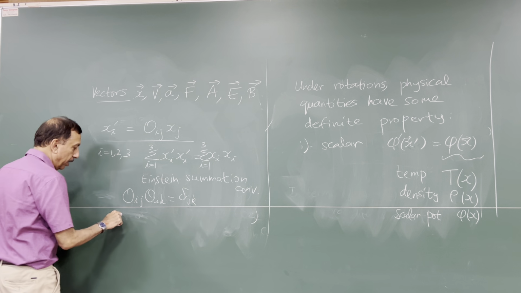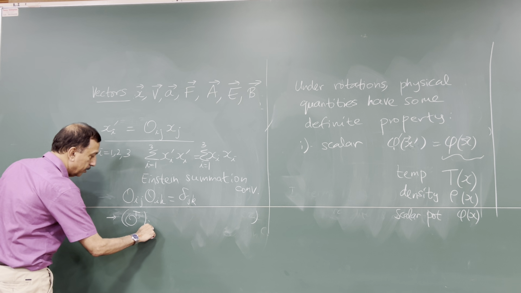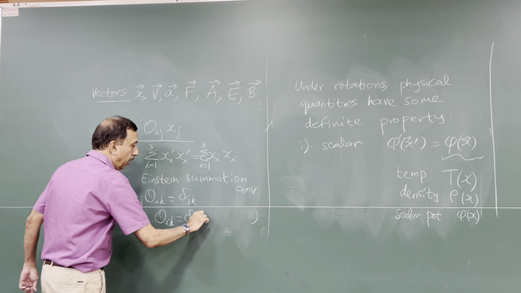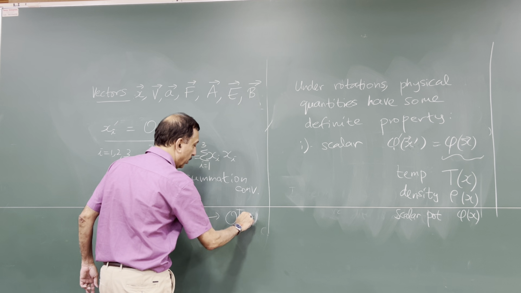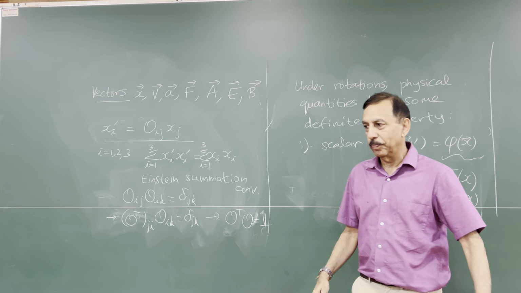So to make this a matrix product, I can transpose O and write this as O transpose_ji. So O_ij is the same as O transpose_ji. Here I have O_ik, this is delta_jk, and now I can just write it abstractly as O transpose O is equal to 1, the identity matrix, and this tells me that rotations are given by orthogonal matrices, which we all know.